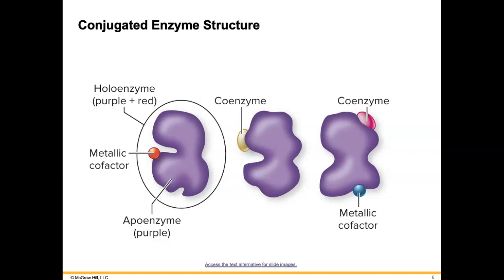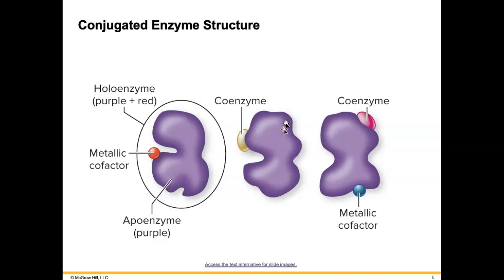All right, there are a couple different structures for enzymes, but we'll talk here about conjugated enzyme structures. Basically that means it's the enzyme and there's something else there that helps it do its job. It's like a little assistant. Here we have the apoenzyme and then a cofactor.